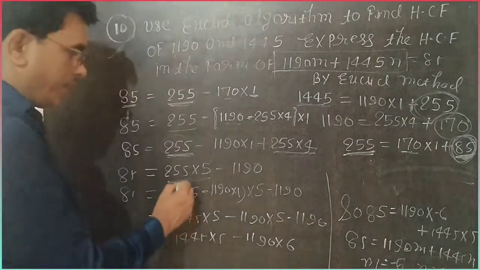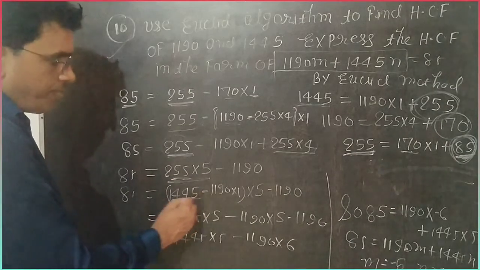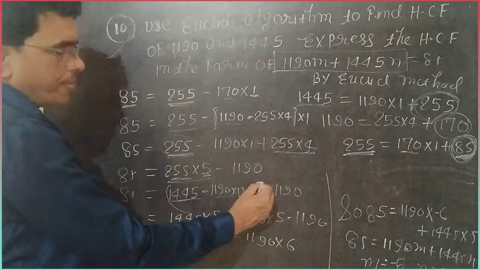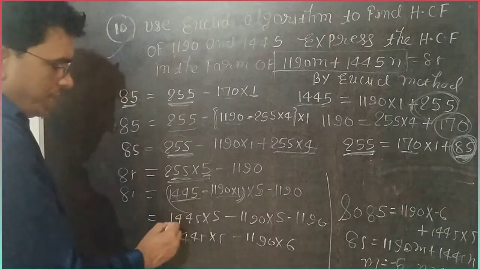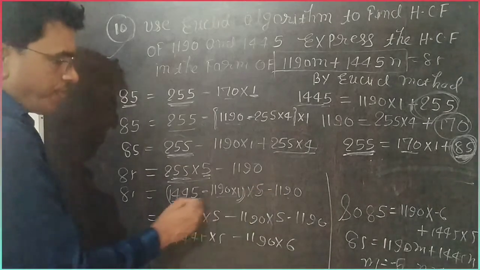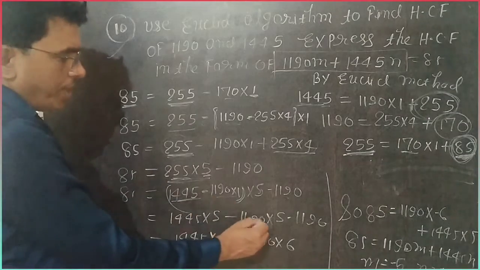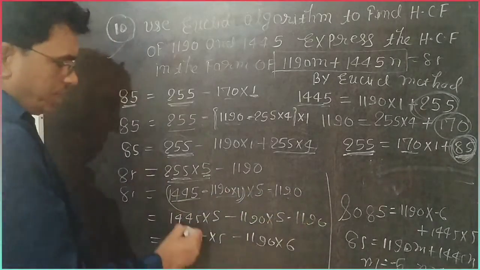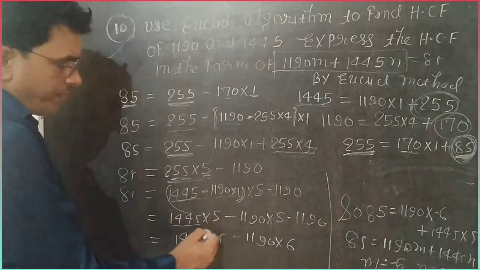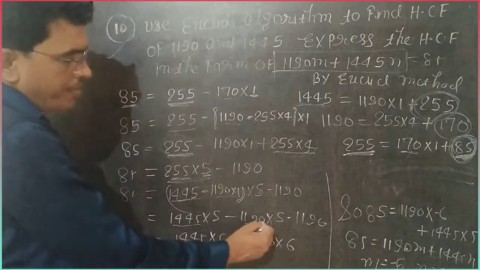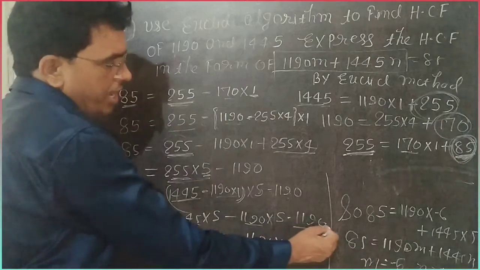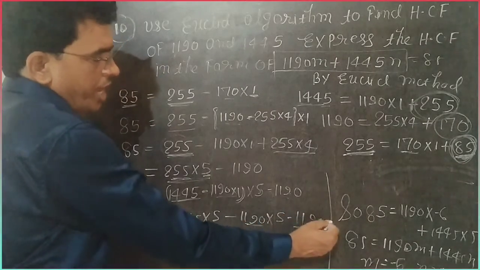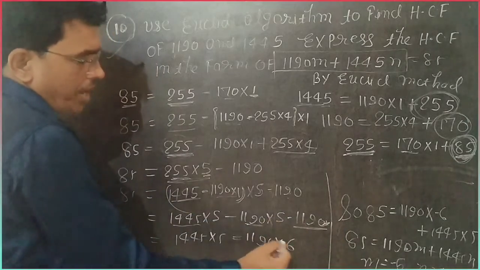So I write here 255 is 1445 minus 1190, into 5. Solve it. It is 1445 into 5 minus 1190 into 5 minus 1190. Then it is 1445 into 5 minus 1190 into 6, because 1190 here and 1190 into 5 is there, so 5 plus 1 is 6.